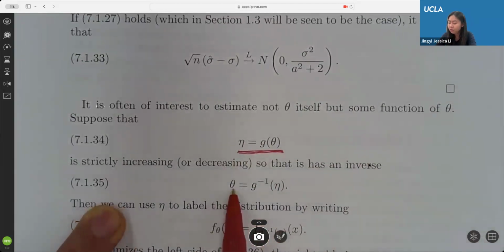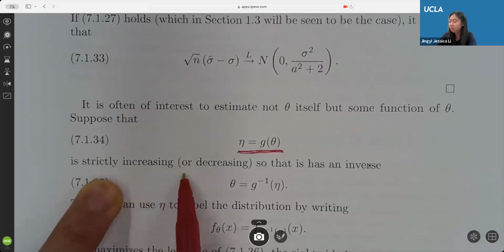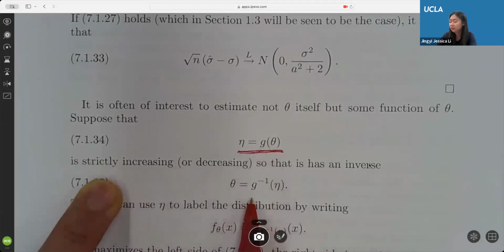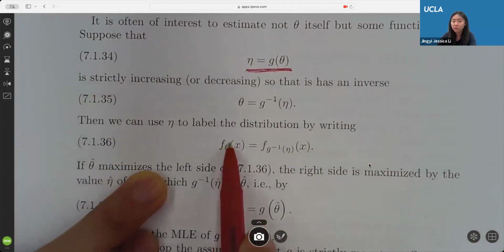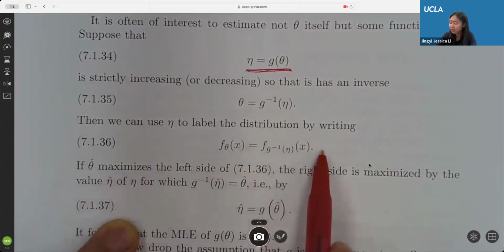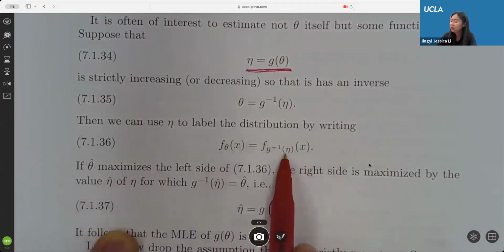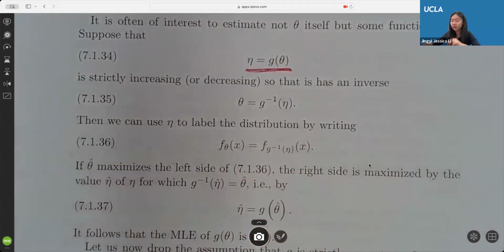If you know that this g is strictly increasing, then g has an inverse, and you can express theta in terms of eta. Then you can rewrite your density function in terms of eta, take differentiation against eta for the log likelihood of eta, and follow from there.